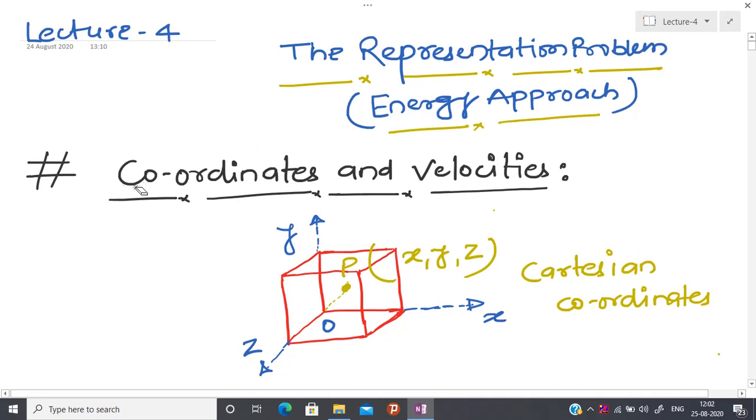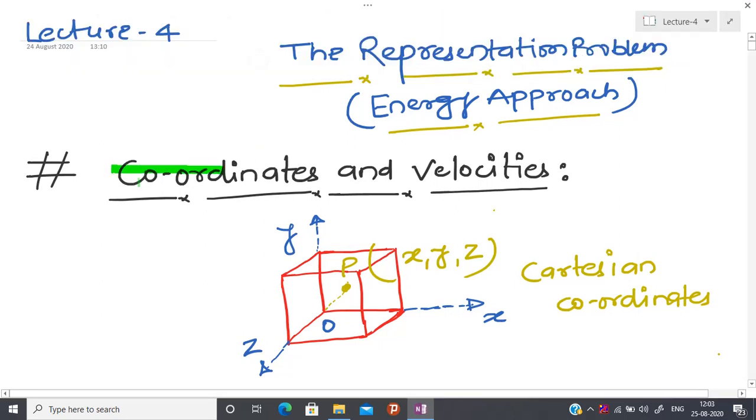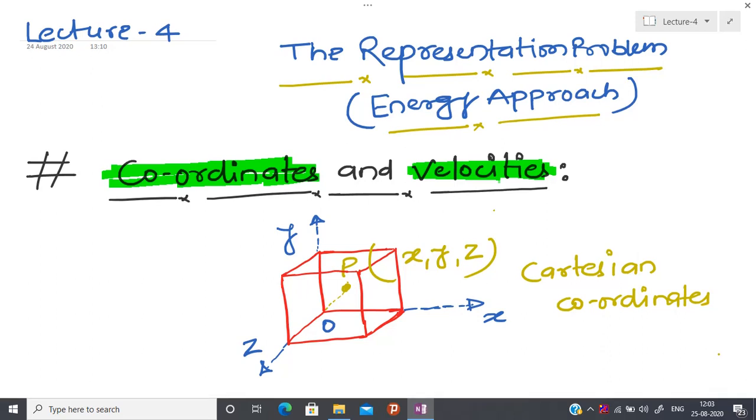The first quantity is nothing but the coordinates, and you all know what coordinates mean. The second important quantity is related to the rate of change of that coordinate, that is called velocity. Suppose that I have some mechanical object, because the formulation given by Lagrange was first defined for mechanical systems.